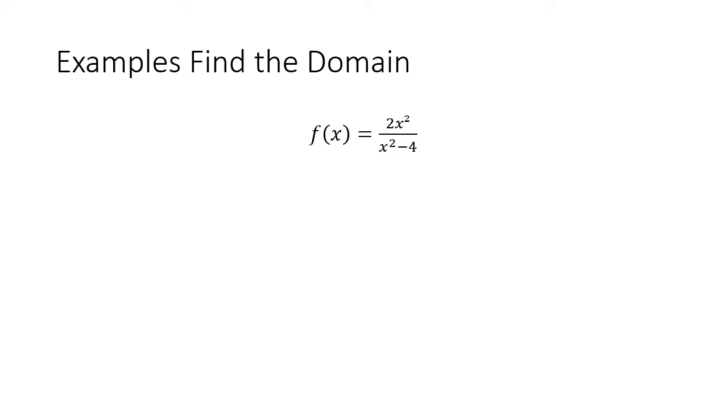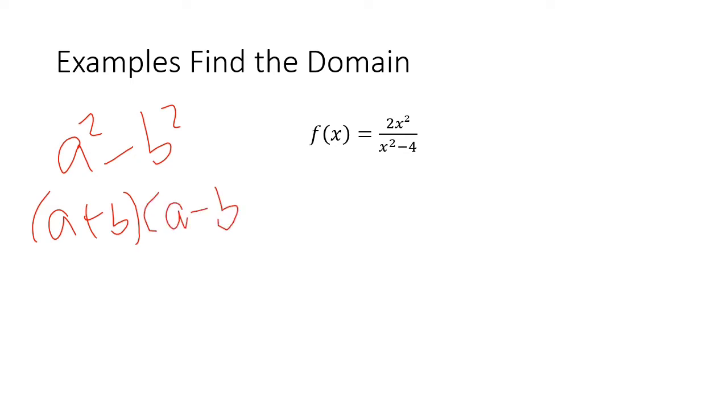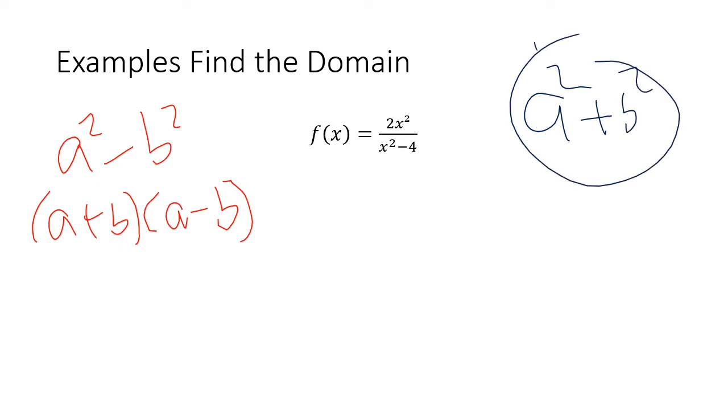Whenever I have a quadratic in the form a squared minus b squared, I can always factor this as a plus b, a minus b. Now, please keep in mind that it does not work for a squared plus b squared. Alright? Does not work for that.